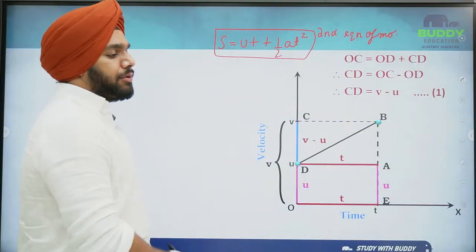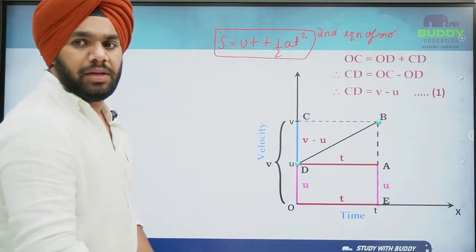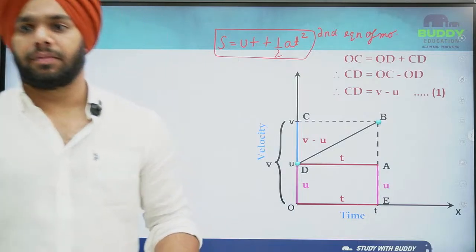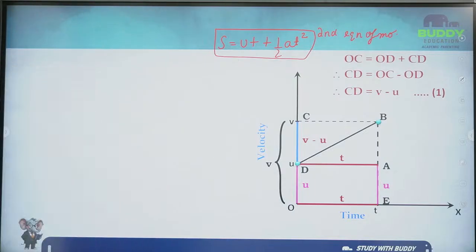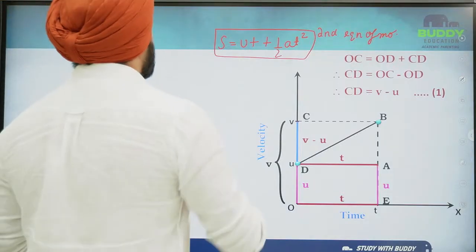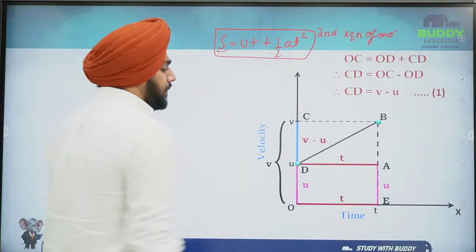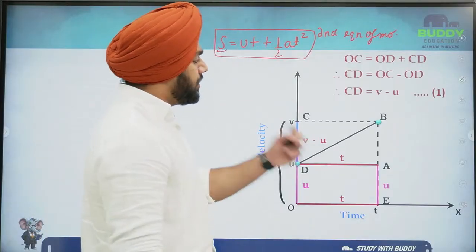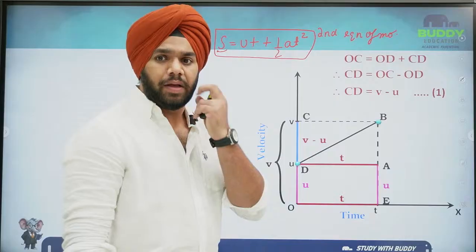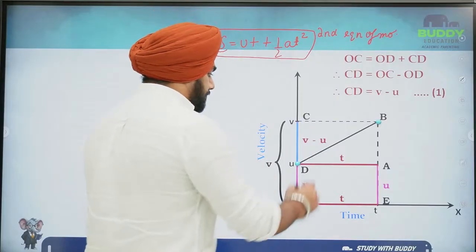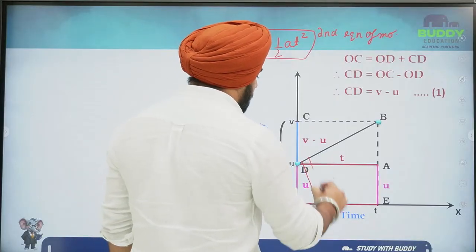So anyways, we need something that should relate displacement with acceleration and time. That should relate acceleration, displacement and time. So let us find out the area covered under the velocity time graph.